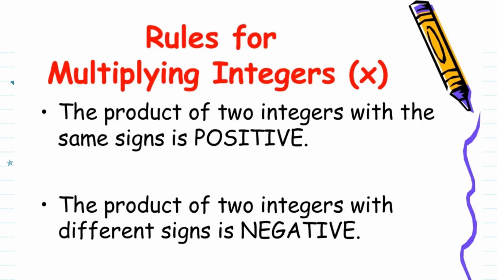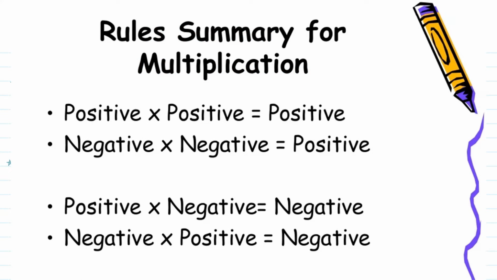And if the two integers have different signs, therefore their product or answer will be negative. For example, positive times negative, the answer will be negative. Or negative times positive, the answer will also be negative. In multiplication, if you multiply same sign, the sign of the answer will be positive. And if you multiply different signs, the answer will be negative.